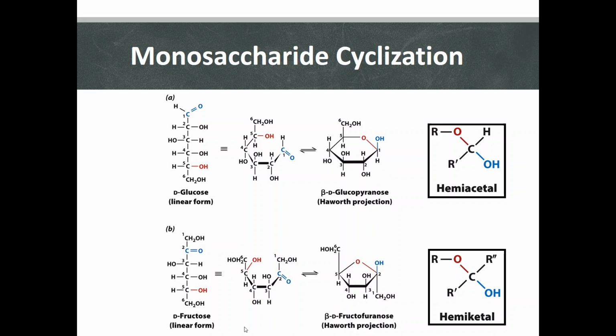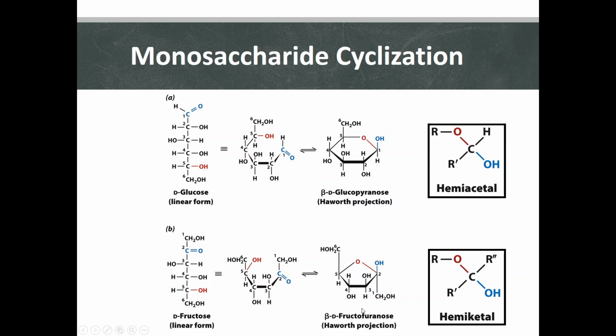Now, if we do the same thing for D-fructose, your carbonyl group is not at carbon 1, it's actually at carbon 2. So that's shown in blue down here. Again, your C5 alcohol is going to undergo nucleophilic attack on that carbonyl carbon to give a closed ring form yet again. Except now you have a 5-membered ring, not a 6-membered ring.